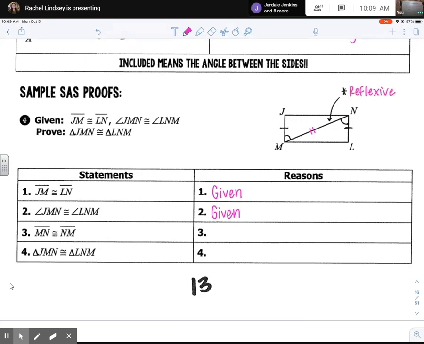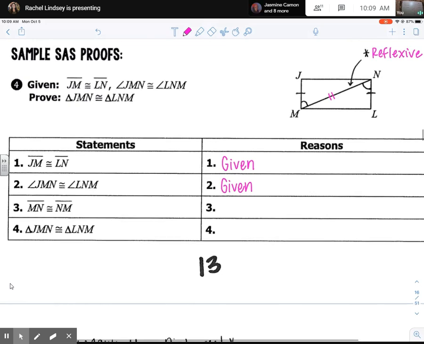So what's my reason for knowing MN is congruent to NM? Reflexive property. Now, how can I prove that triangle JMN is congruent to triangle LNM? Side angle side.